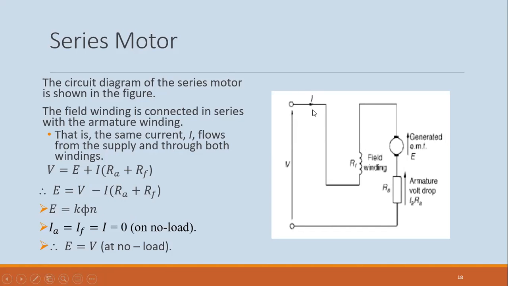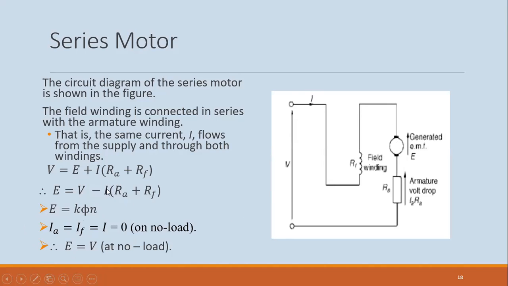Now, when there's no load, no current will be flowing through here. So there won't be any rotation. Right? So no current, but you actually have some kind of residual induced EMF at no load.